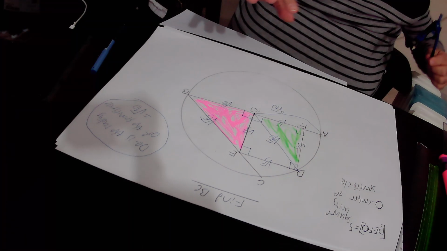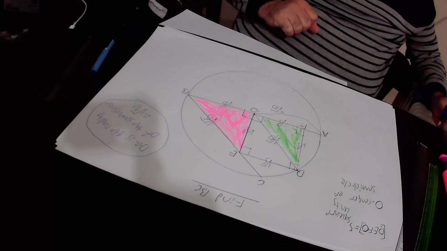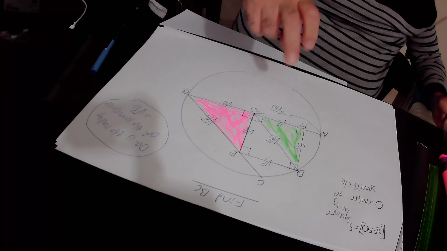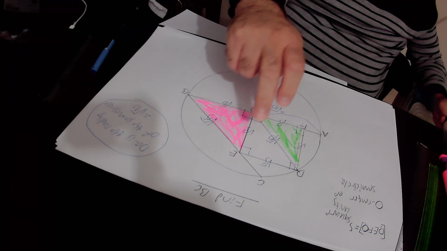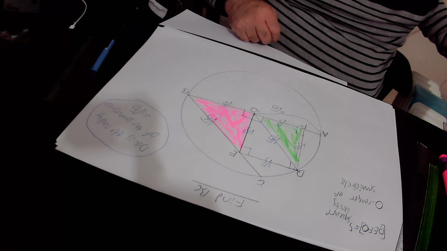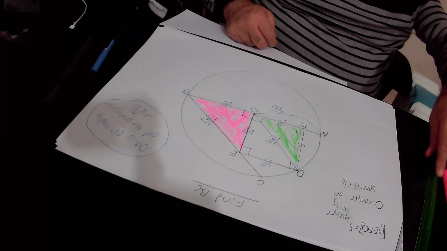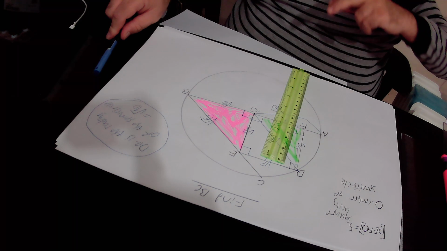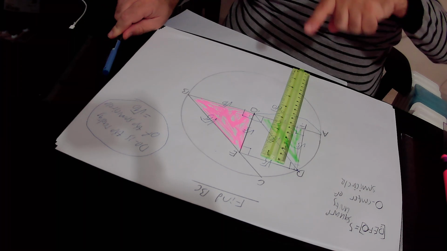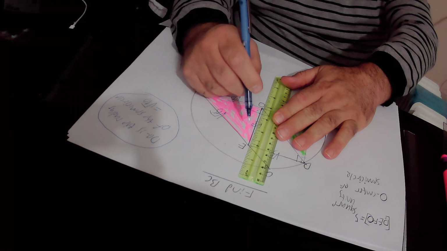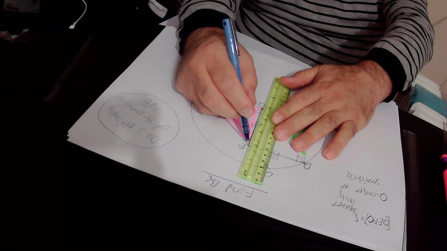So in the first step we completed a semicircle to a circle. In the next step we will extend line segment EO on both sides, in the upper side and in the lower side. Here we will extend line segment OE towards the upper side of the circle until it touches the circle.